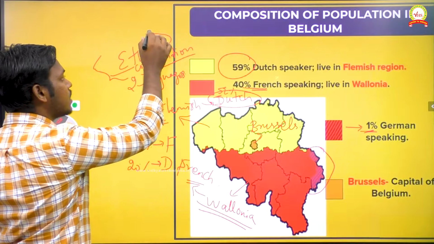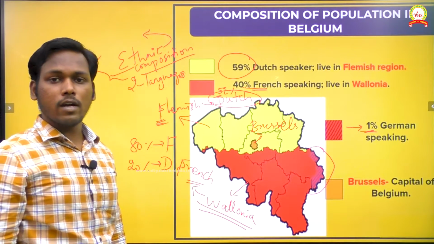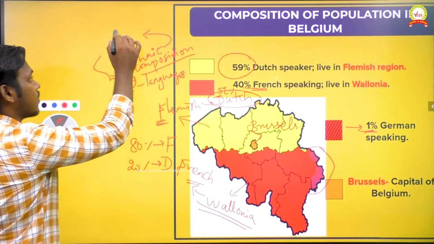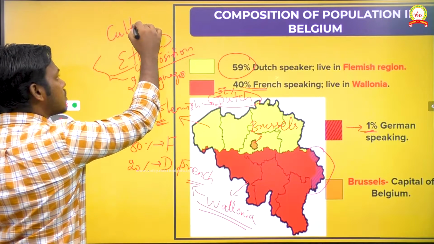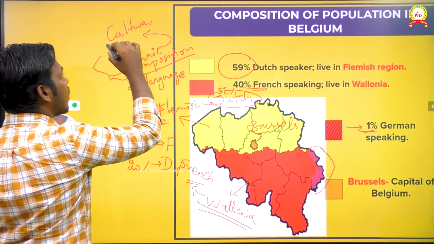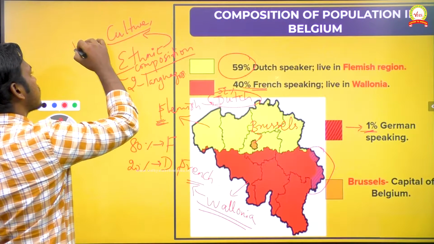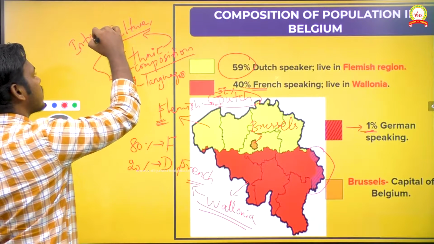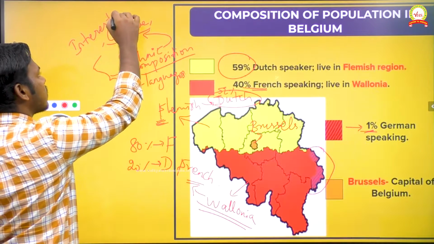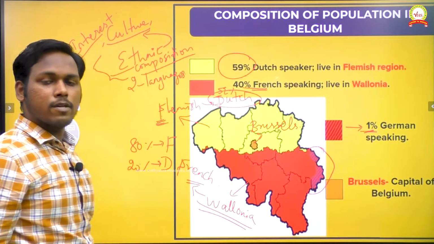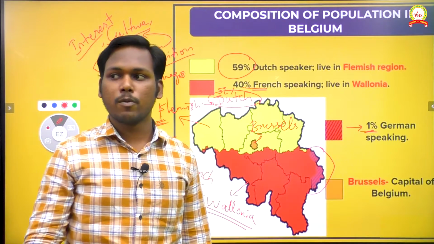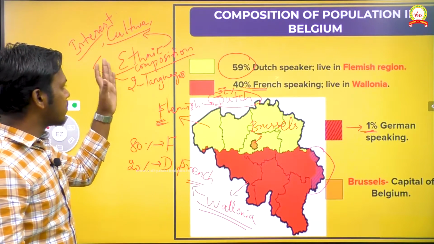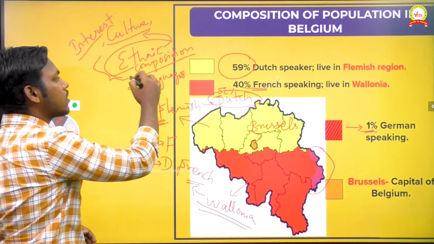Ethnic is nothing but people belonging to the same culture, interest. In a lot of ways we can define them. Based upon their culture, their dressing sense, and their interest, we can classify those people. That is called ethnic composition.